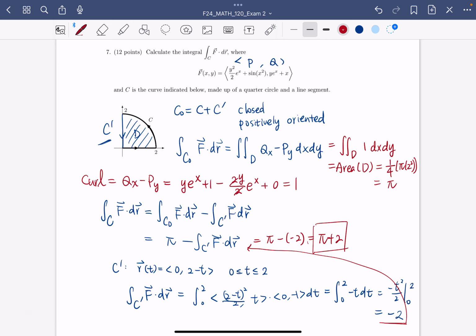Okay, we see this vector line integral, which is not so nice to compute directly. It looks kind of terrifying, so we use another way to avoid the direct computation over the quarter of the circle and this line segment.